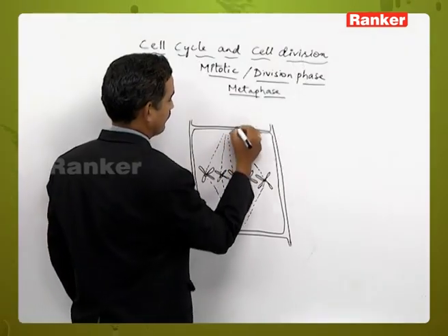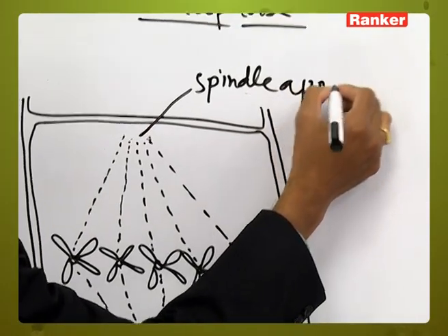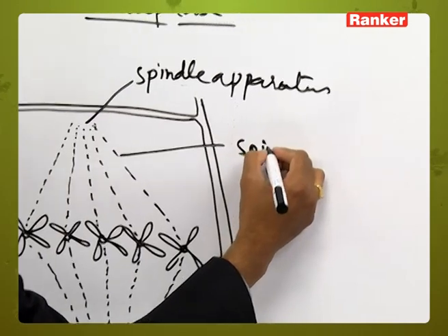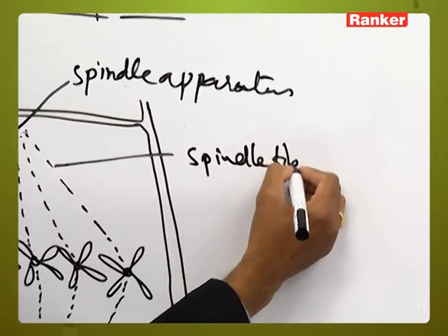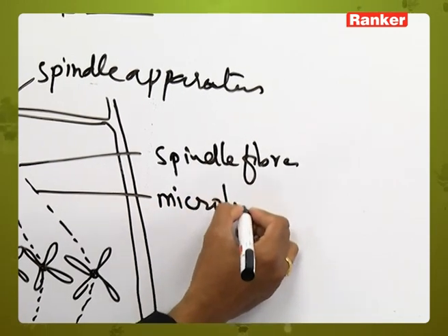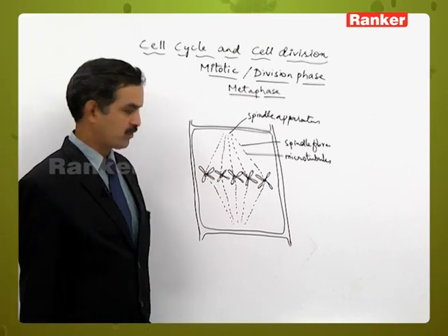So, this is a spindle apparatus. The spindle fibers, and each one is a microtubule.